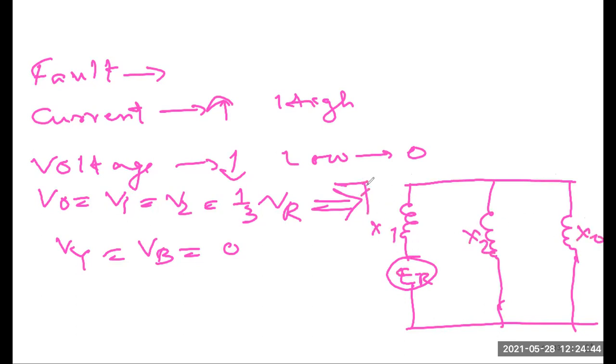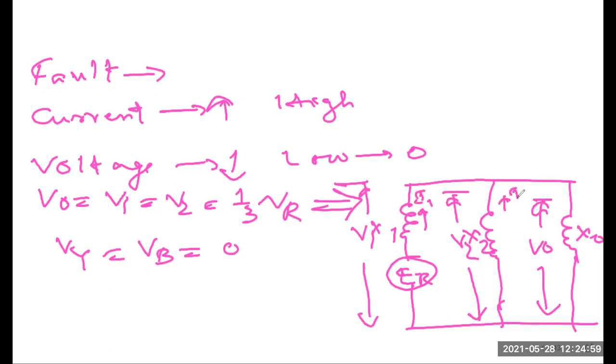This is your V1, this is your V2, and this is your V0. And the currents are I1, I2, and I0. Any doubt on this particular point? If you have any doubt, please tell me, and I will explain it once again.